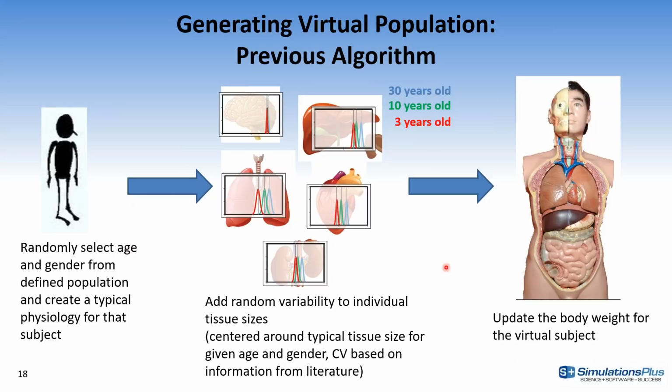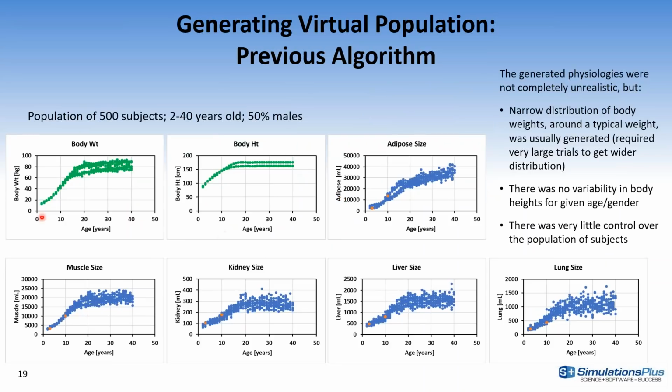Okay. So the physiologies were not completely unreasonable, because the sampling, especially if you stuck with the physiological CVs that were default in the program, was from the distribution centered around the typical values for a given age. So the physiologies were still very reasonable.